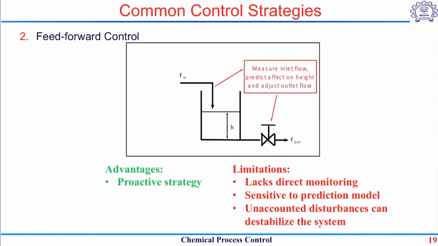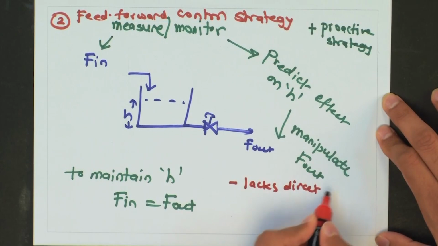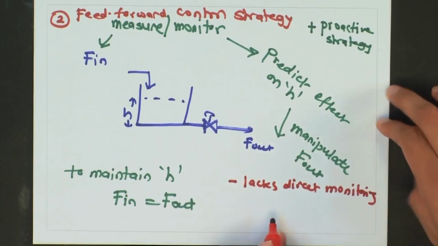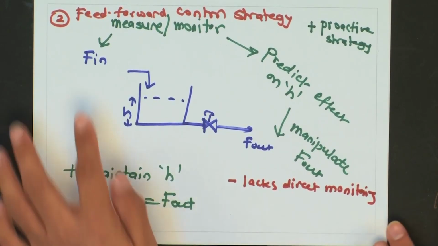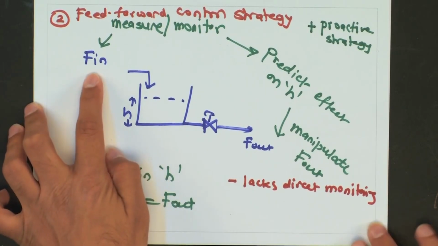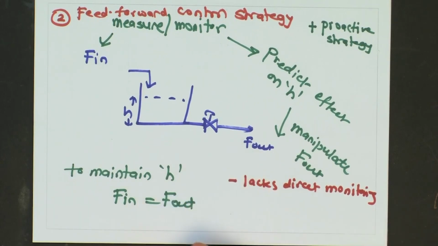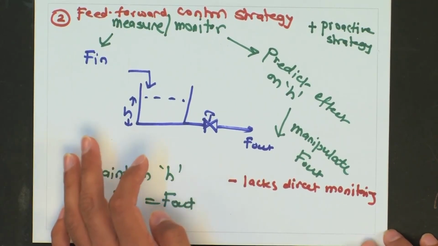The first and foremost is that it lacks direct monitoring. In this case, all you are riding on is that I am measuring the disturbance and then accordingly taking action, and I am assuming that the controlled variable remains at its desired value.